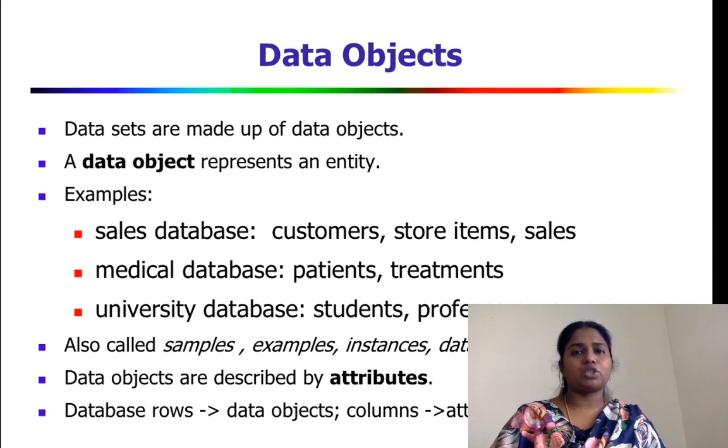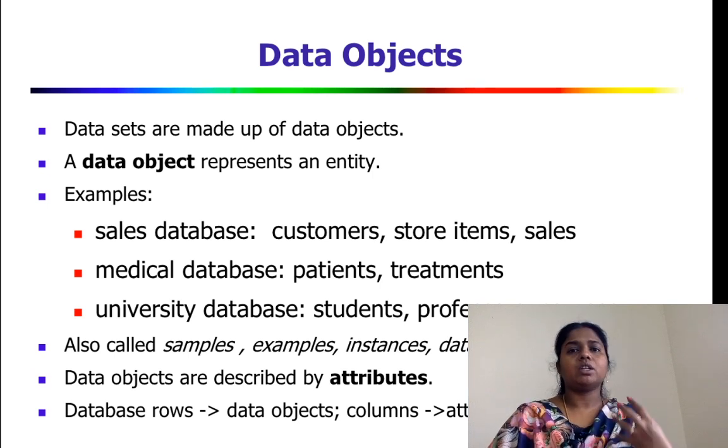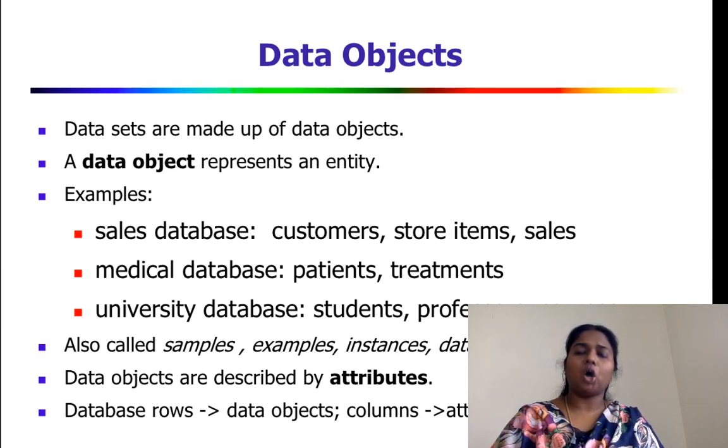Just like in a student database, every row is unique for a particular student. So a particular student with the roll number 15BK1A0503 is a student, and it represents one single data object.